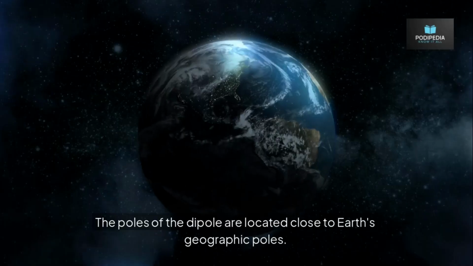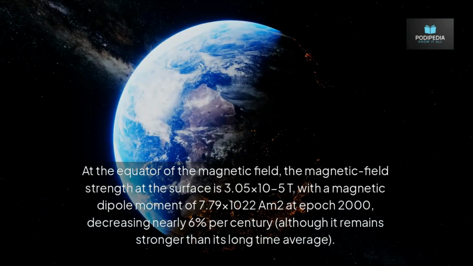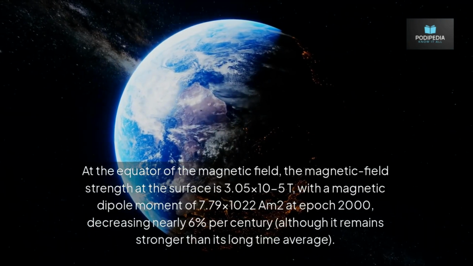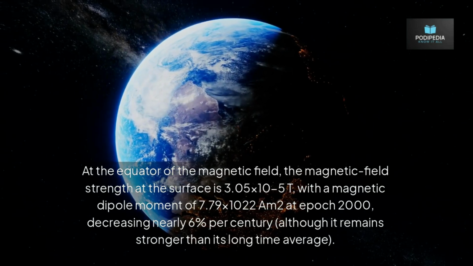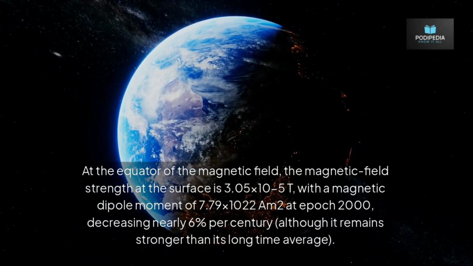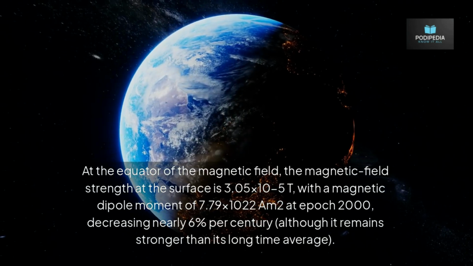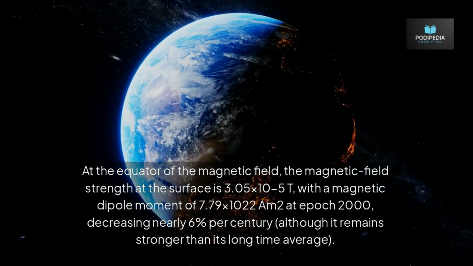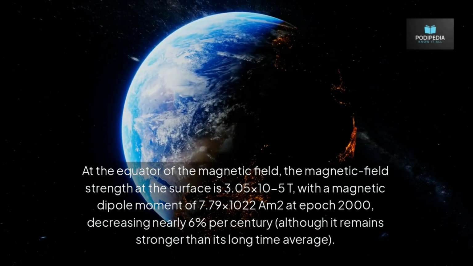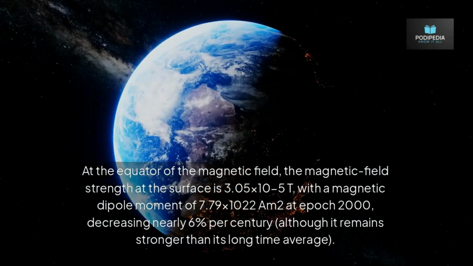The poles of the dipole are located close to Earth's geographic poles. At the equator, the magnetic field strength at the surface is 3.05 × 10⁻⁵ T, with a magnetic dipole moment of 7.79 × 10²² Am² at epoch 2000, decreasing nearly 6% per century, although it remains stronger than its long-time average.